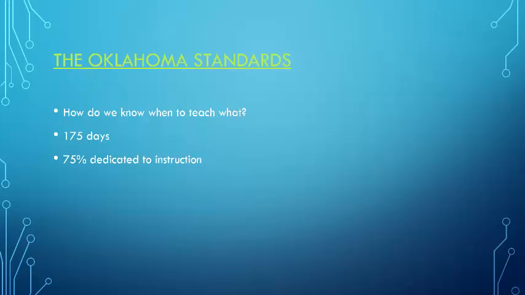We can't assume that's bell to bell for 175 days. So the first thing we need to do is figure out that we have about 131 days of full instruction.